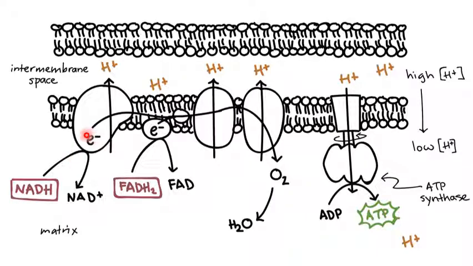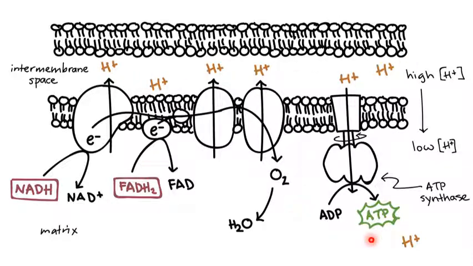The electrons, in the meantime, are going to be traveling along the protein complexes of the electron transport chain from one complex to the next. As they move, the energy that they have is being used to pump protons, also called hydrogen ions, across this membrane, creating a concentration gradient for protons across the membrane. At the end of the electron transport chain, those electrons are added to oxygen, which creates water. So the basic point of the electron transport chain is to create this concentration gradient for protons across the membrane.